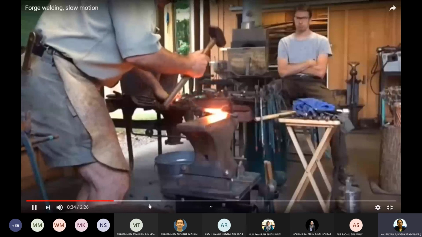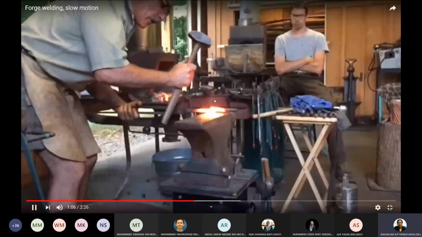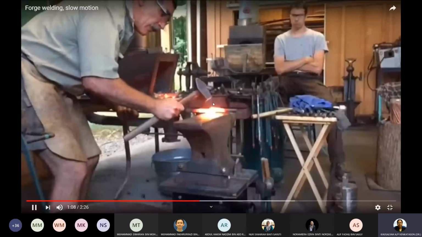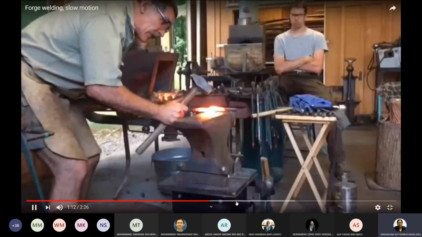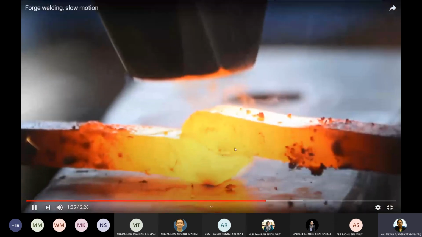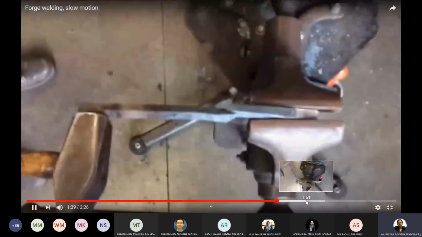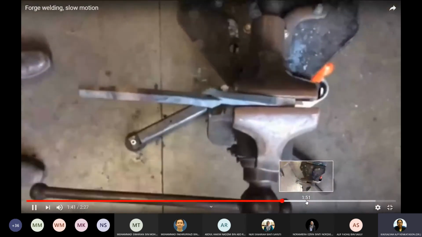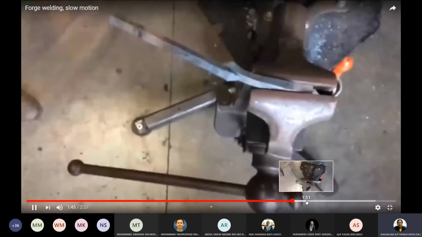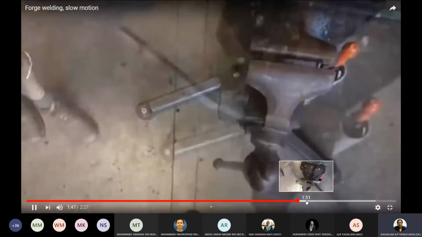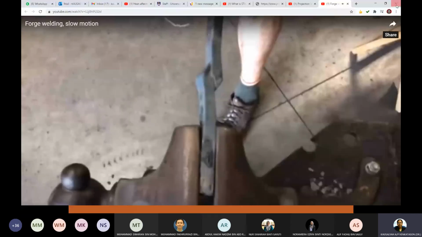So you can see both parts are heated up and then hammered together, basically, so that they will fuse with each other. Okay, so this part is forge welding.